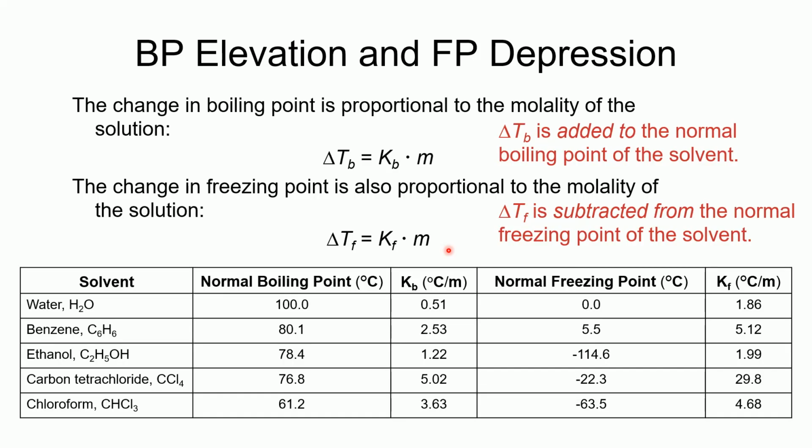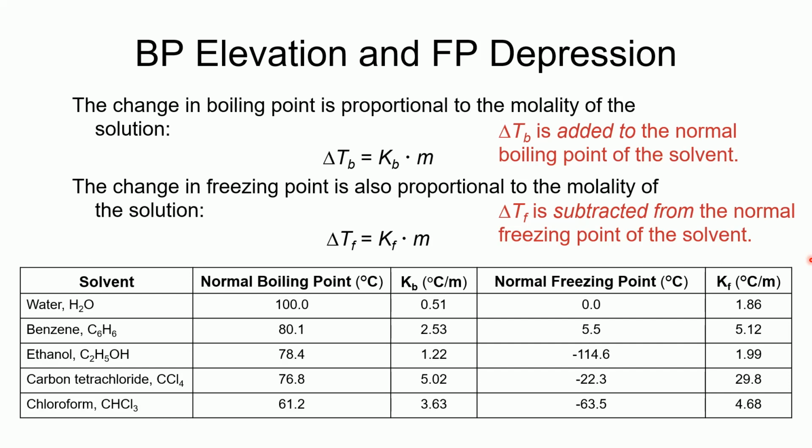We'll come back over here, and for our delta Tb, we're going to look at the Kb for water. The problem gives us the molality, and the Kb for water is 0.51.